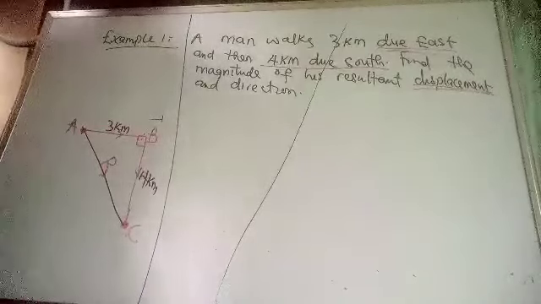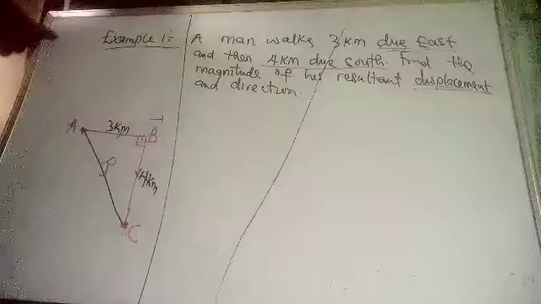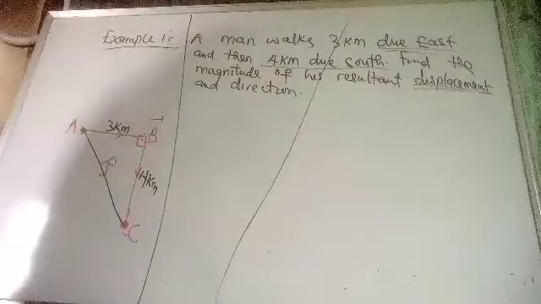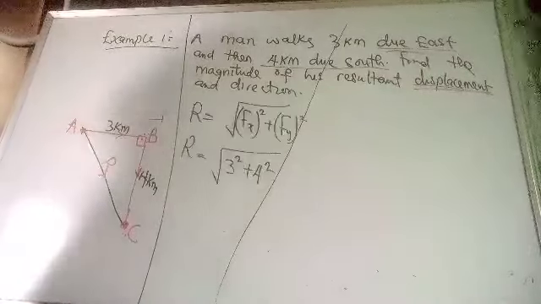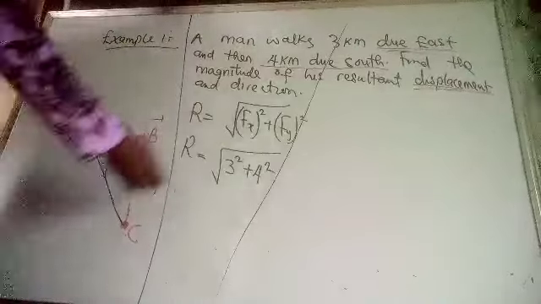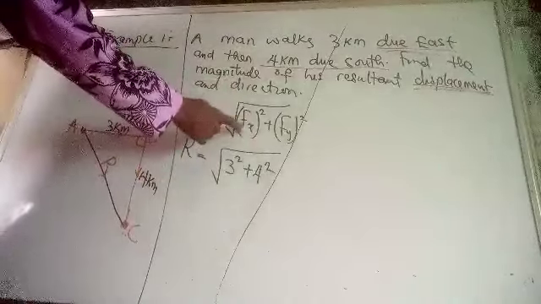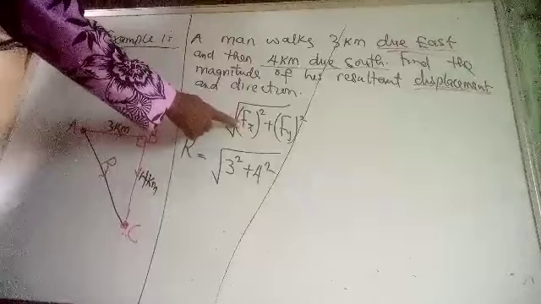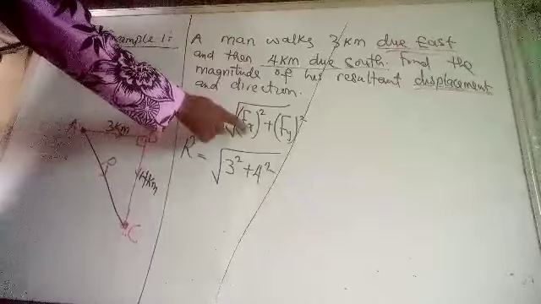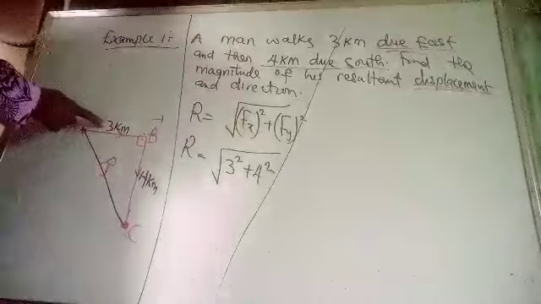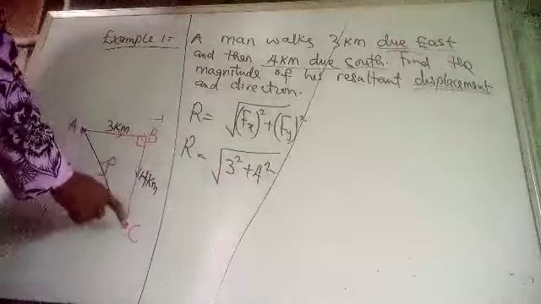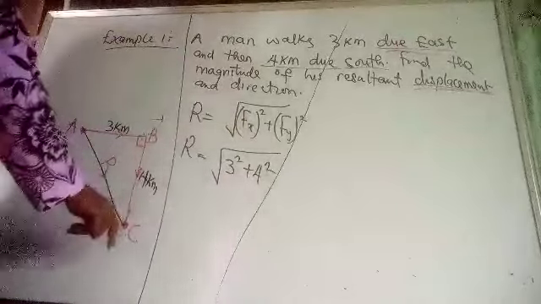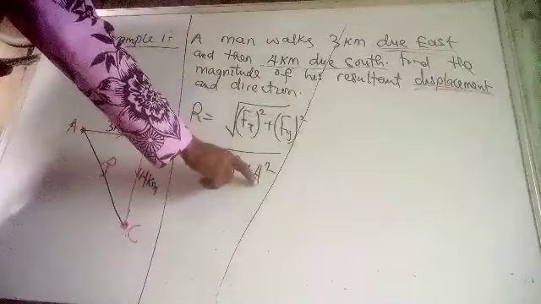So how do we find the resultant? We apply the formula. Now, the Fx, that means the vector in the direction of x, which is horizontal, is 3. And that in the direction of y, which is vertical, is 4.